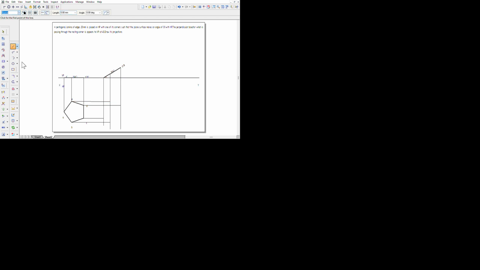Now let's take a visible line. Wait, let's take a normal line again. Now let's take a visible line.